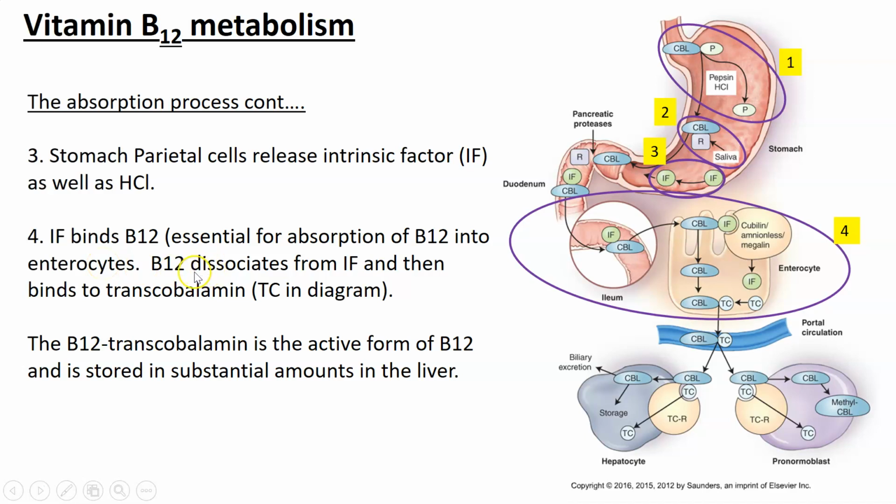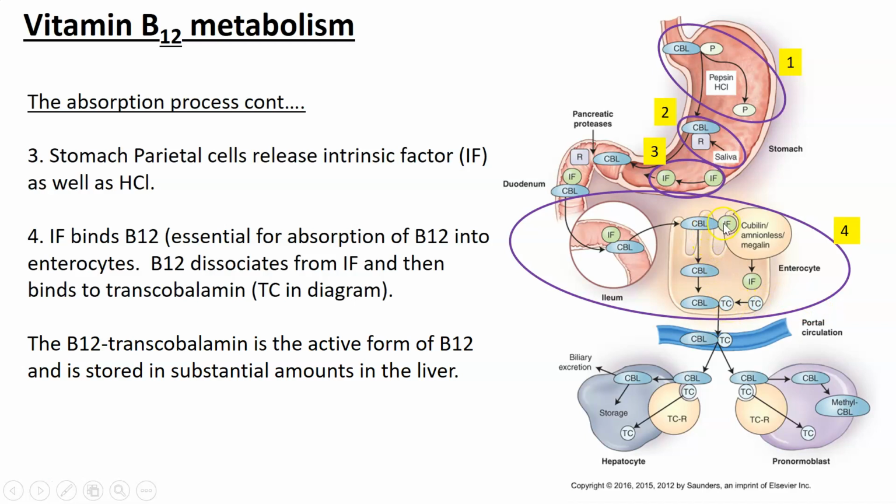B12 dissociates from the intrinsic factor inside the cell. It needs the intrinsic factor bound, and only when it's bound to the intrinsic factor can vitamin B12 be absorbed. But once it's inside the cells, the intrinsic factor comes off. B12 then gets bound to transcobalamin, TC.